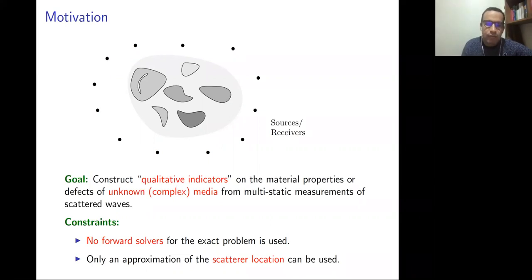So you don't have a forward model, and you want to probe the presence of some defect or monitor the health of the material inside this domain. What I will present is an idea to tackle this type of inverse problem where you have very little a priori knowledge. The main thing is that we have no forward solver and maybe we sometimes need information on the scatterer location.